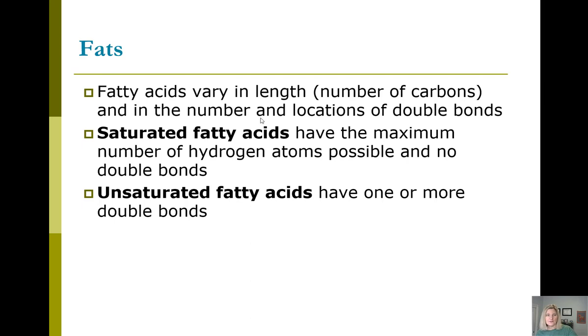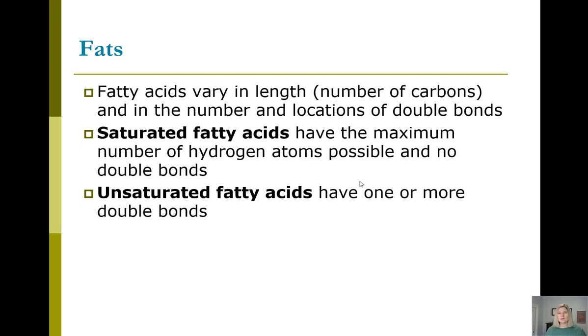There's hydrogens all over. There's no double bonds anywhere. And so it has a maximum number of hydrogens possible. So all of those carbons are attached to the maximum number of hydrogen atoms as possible. So no double bonds. So think of it as saturated with hydrogen. So that's a saturated fatty acid.